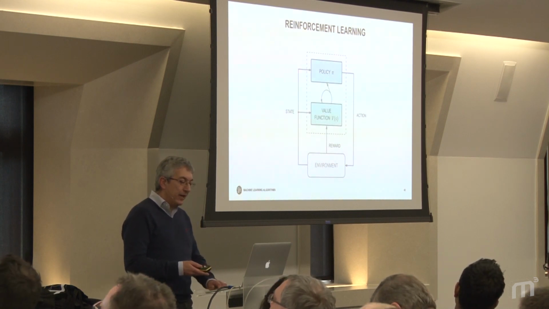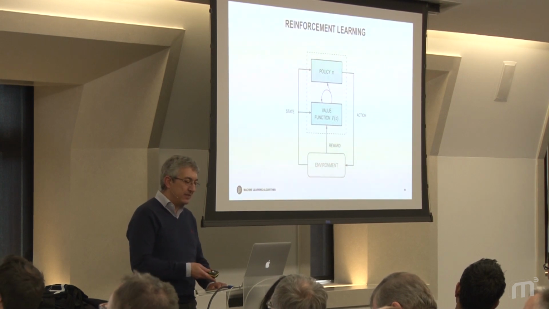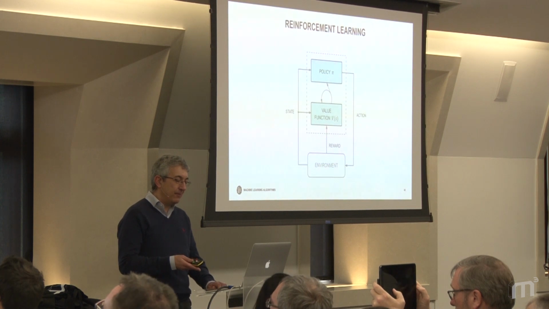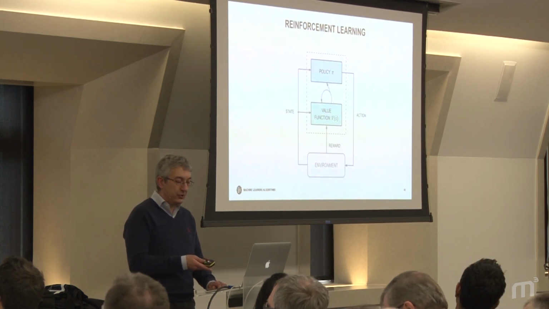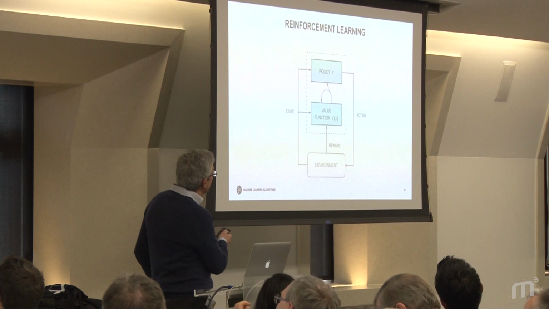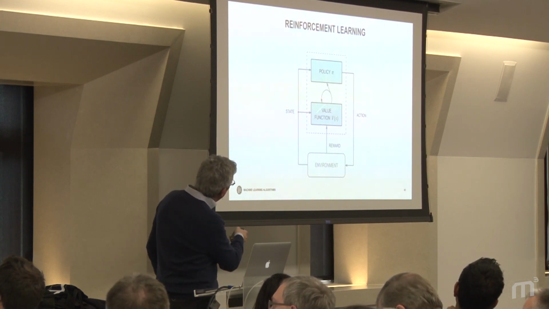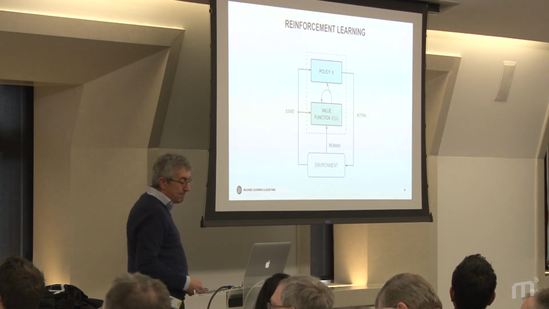Deep reinforcement learning, the more recent implementation of these techniques, is called deep because it uses deep neural networks as function approximators to implement either only the policy or only the value function or both, like in this case.